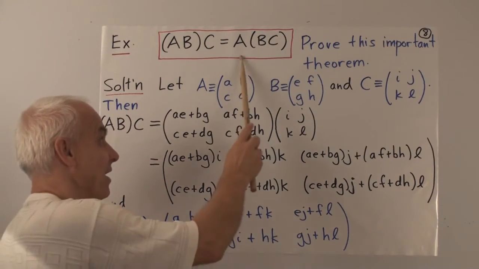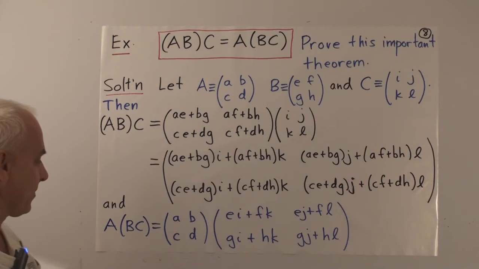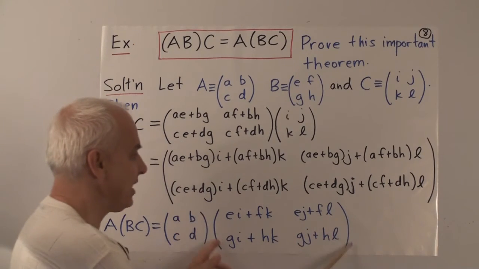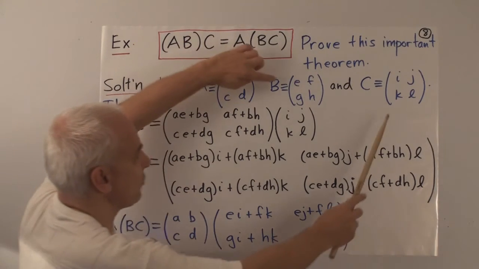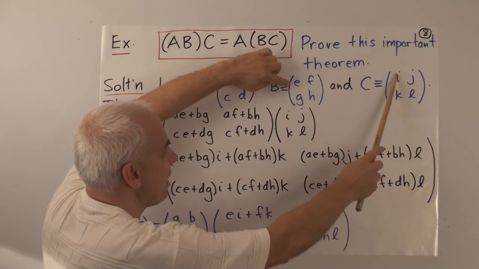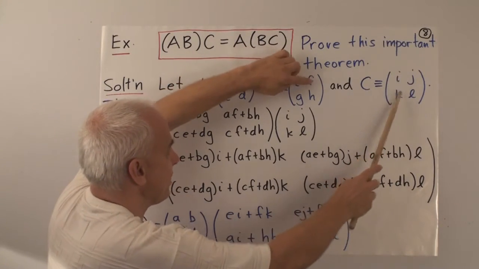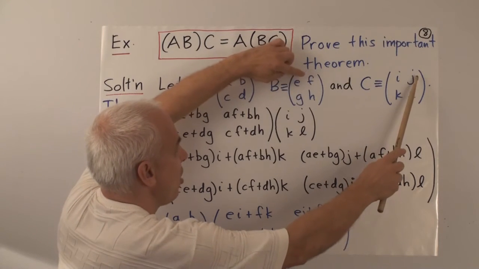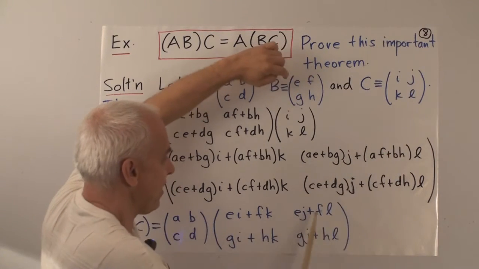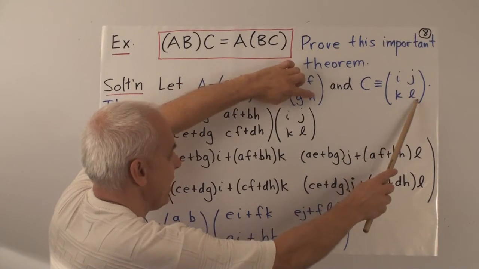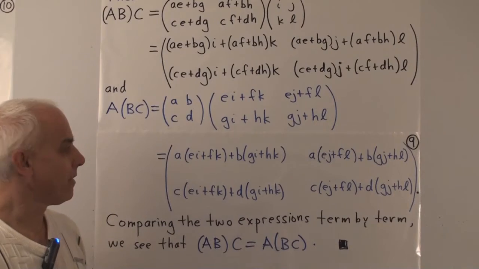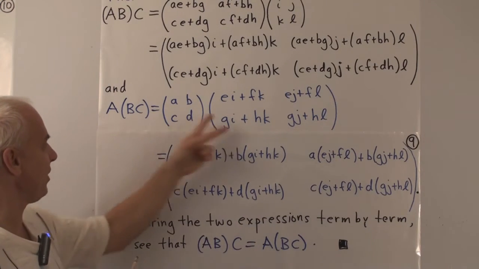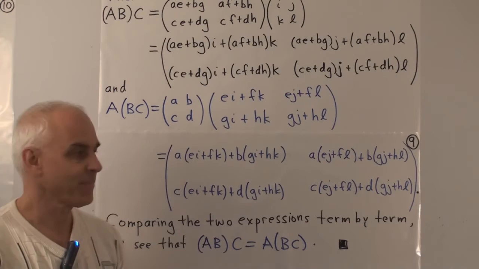What about the right-hand side? A times BC. Well, now we're asked to multiply the matrix A times BC. This is the product of B and C. So we have to go back up here, to B and C, and multiply these two matrices. AE plus FK, GI plus HK, the next column, EJ plus FL, and GJ plus HL. Alright, so we've got these two matrices here, that's A times BC, and now we have to multiply them.